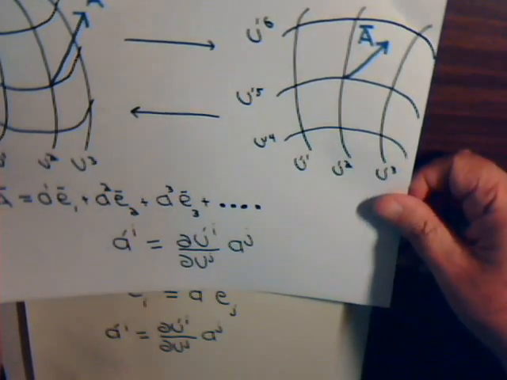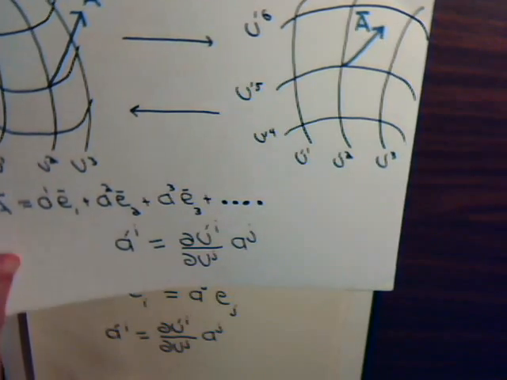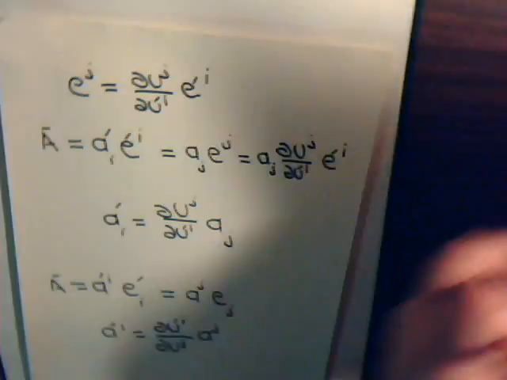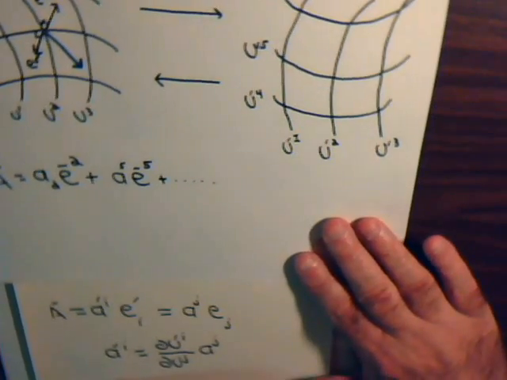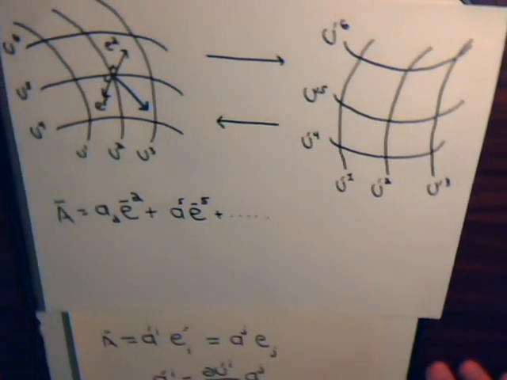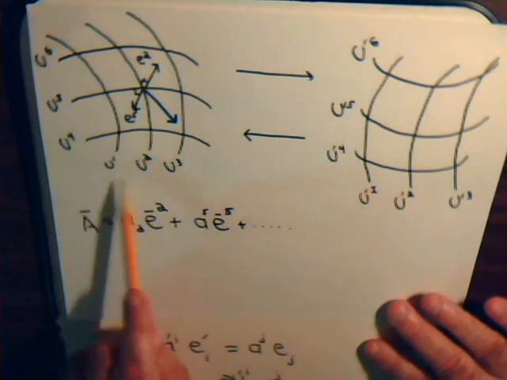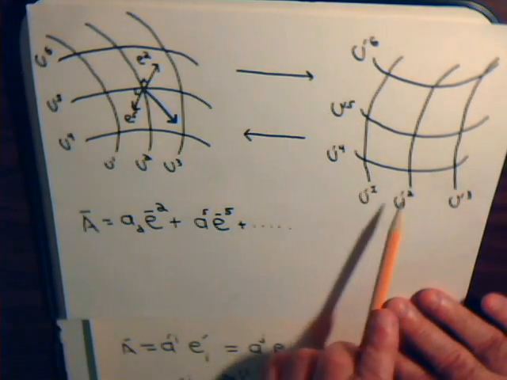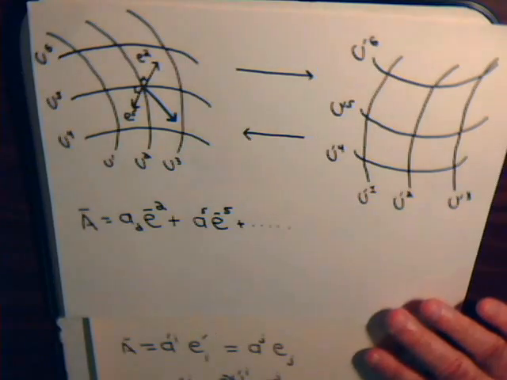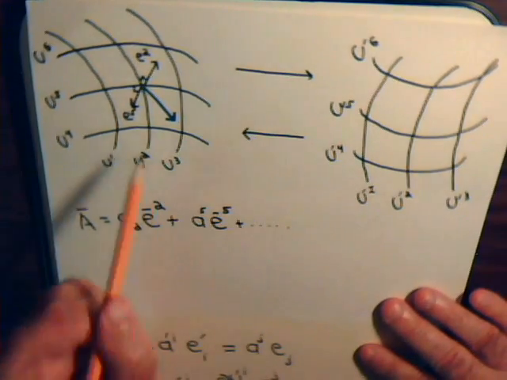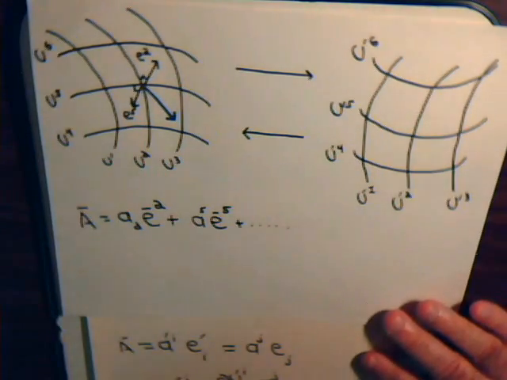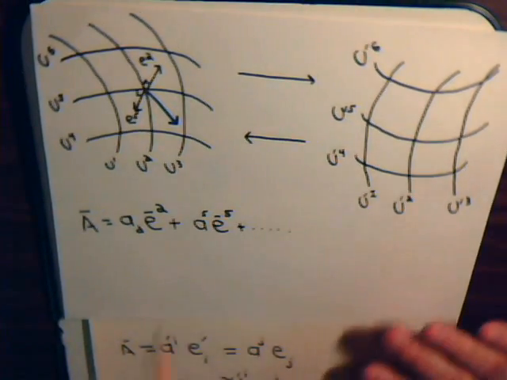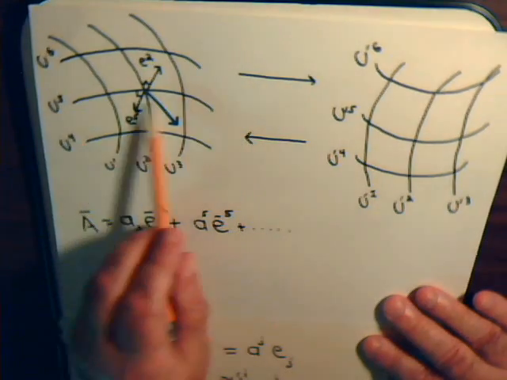Here we have it like this, and this is the one we want to use, then we want to use this one. Here we have u1, u2, u3, u prime 1, u prime 2, u prime 3, and so forth, and here is vector A. And again, we're just going to consider two of the coordinates, u2 and u5.